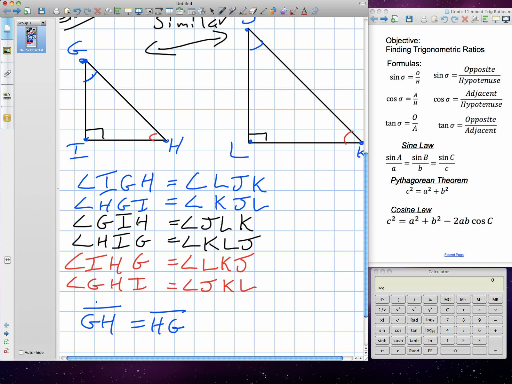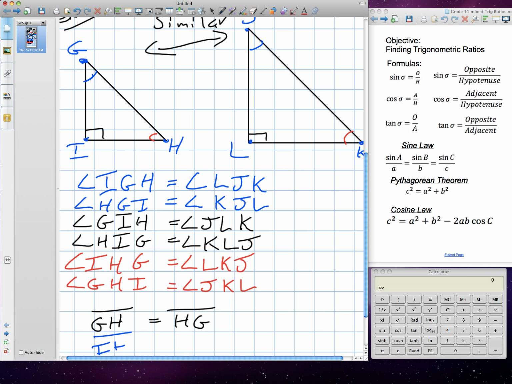Another side we could work with, actually, you know what? I'm going to change that color. I'm going to make that in black. See if anyone can make the connection. Why am I putting it in black? The reason I'm doing this is because it's opposite of our black angle.